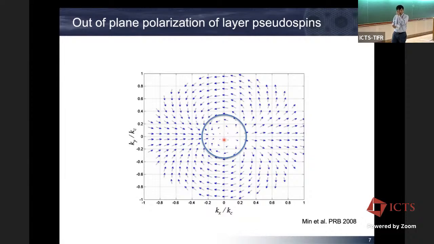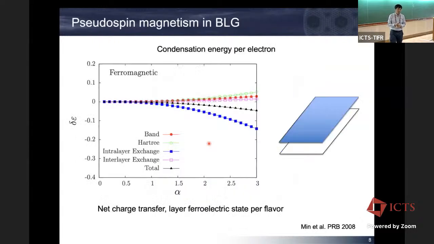Intuitively, we can think the reason for that is that all these arrows try to align in the same direction due to Coulomb interactions. And due to the quick rotation happening near the K points, in order to avoid that frustration, they start pointing in the out-of-plane direction. So that's what has been named pseudospin magnetism.